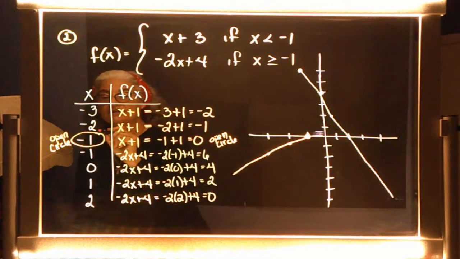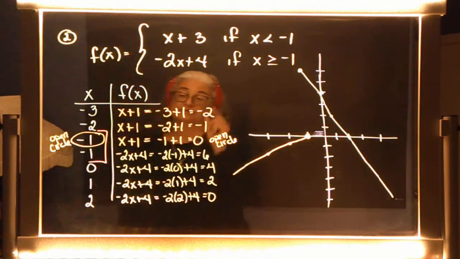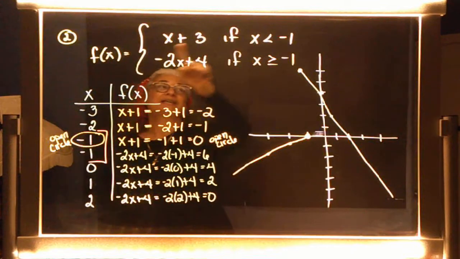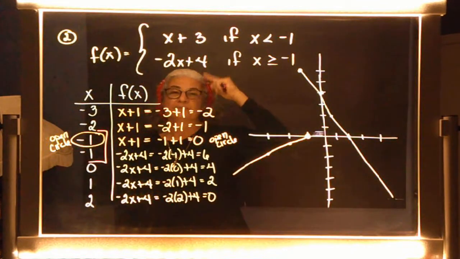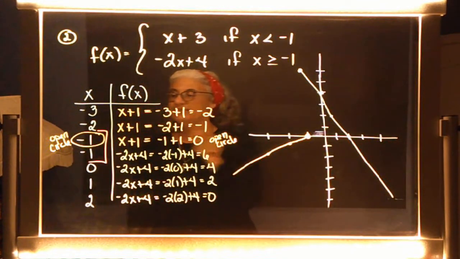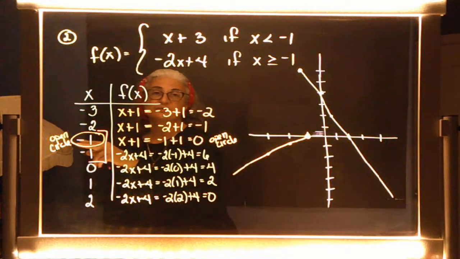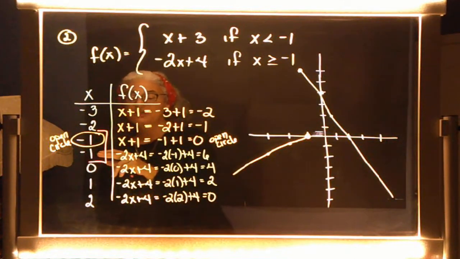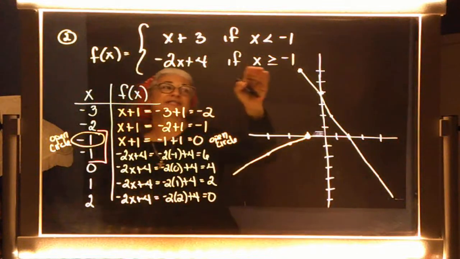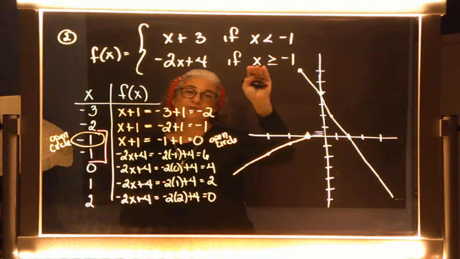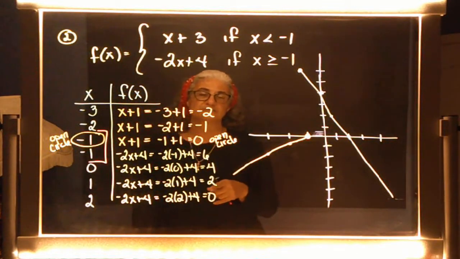Does this make sense right here? Right here, I had us plug in the negative 1 twice. Once to the first piece, even though I couldn't use it. But I really made it obvious that I needed to put an open circle when I plotted this point. And I plugged in negative 1 again, but now to the second piece where I actually was allowed to use it. Cool?